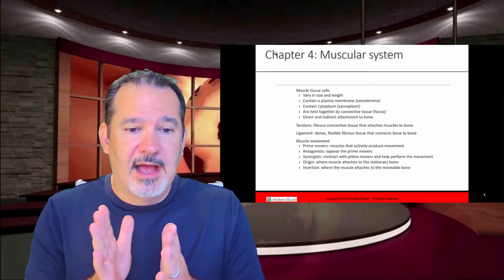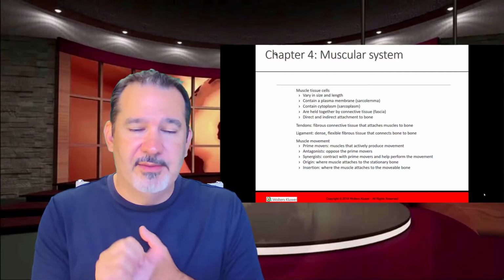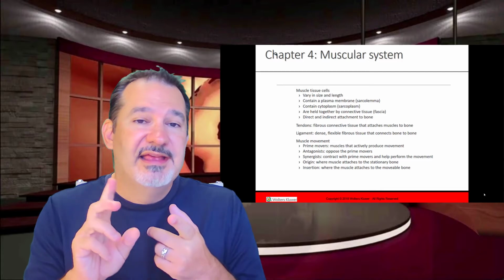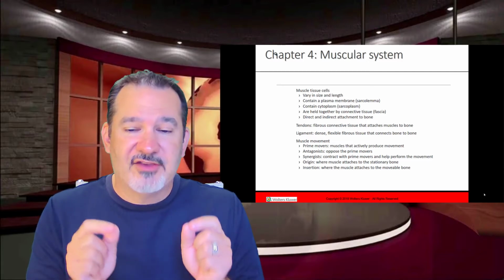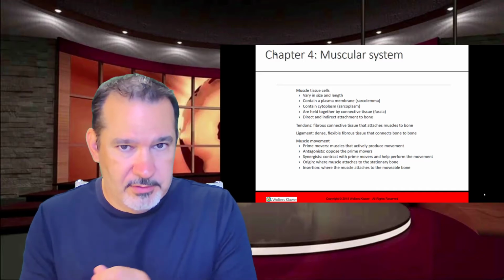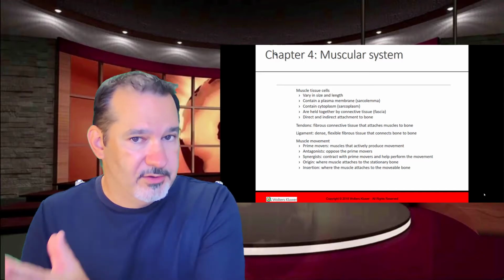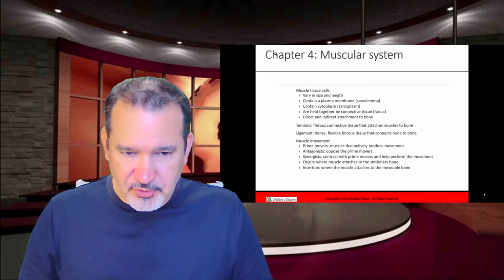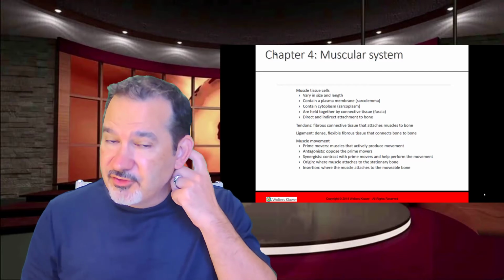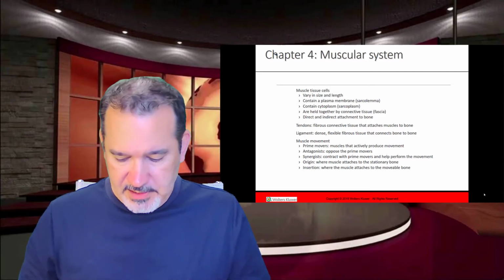Tendons and ligaments. We hear these terms all the time, right? The best way to remember them is that tendons are connective tissue that connects muscles to bone, and ligaments connect bone to bone. So if you can remember that, tendons, muscle to bone, ligaments, bone to bone.